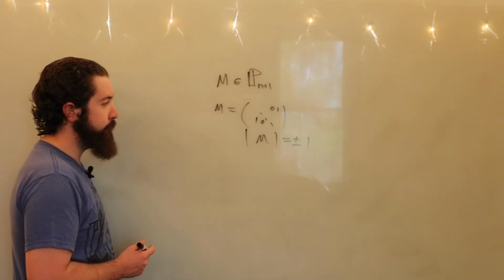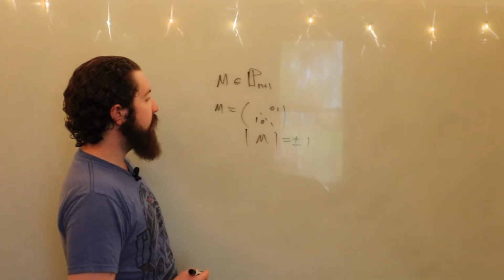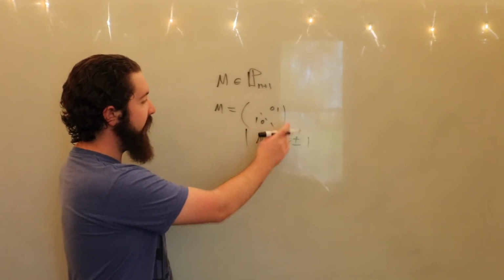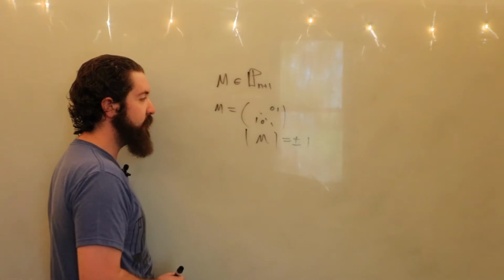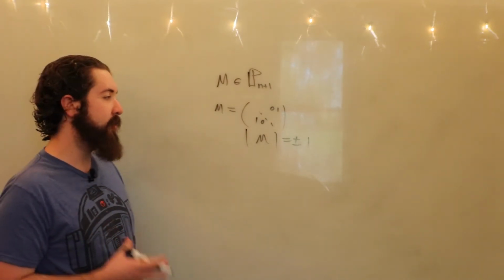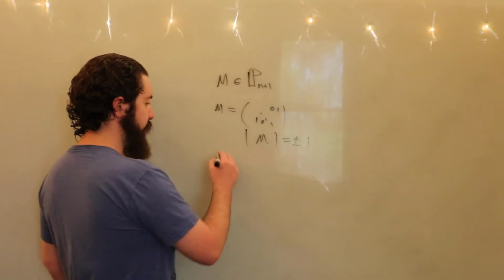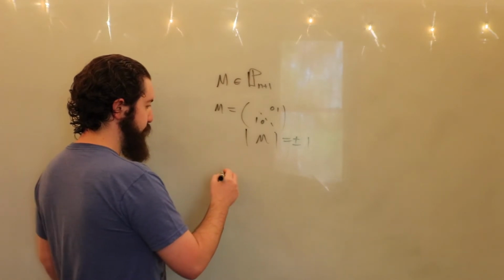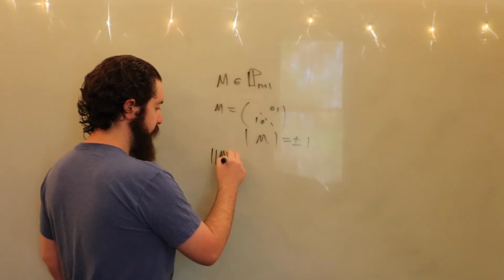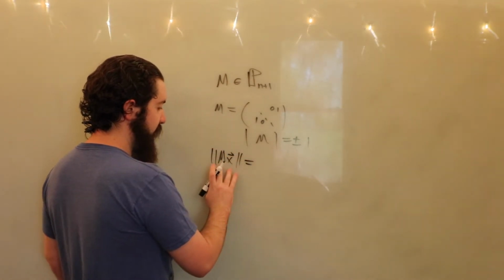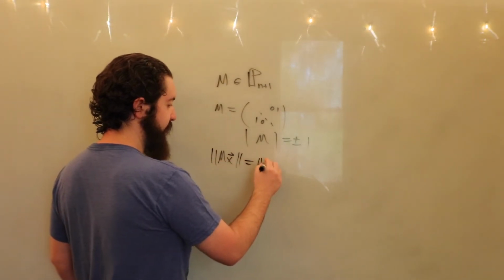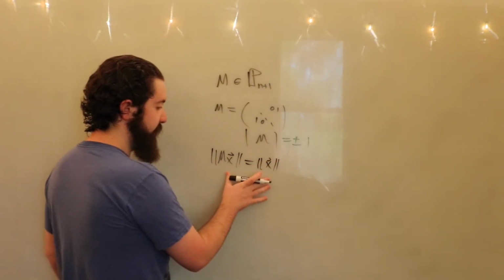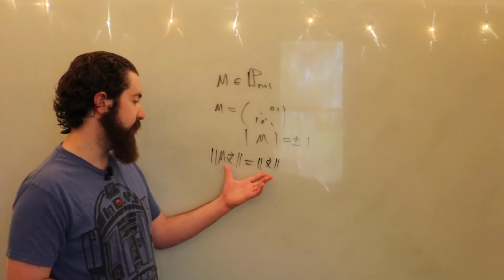But notice that because the way this acts on a vector is just going to be to permute the elements of that vector, then we have to have that the size of whatever the output is equal to the size of the input. The norm of the vector has to be the same, right?